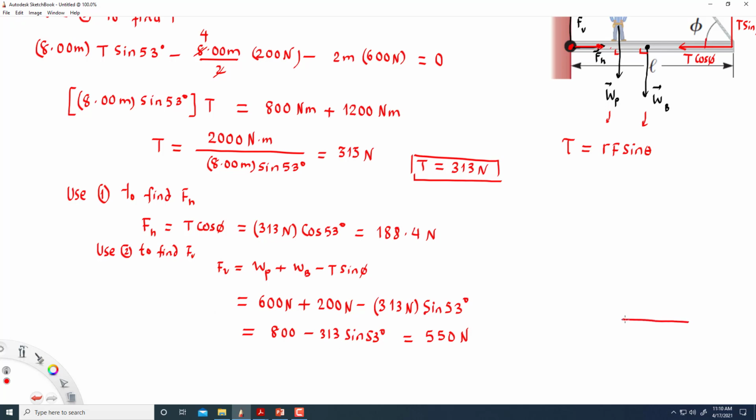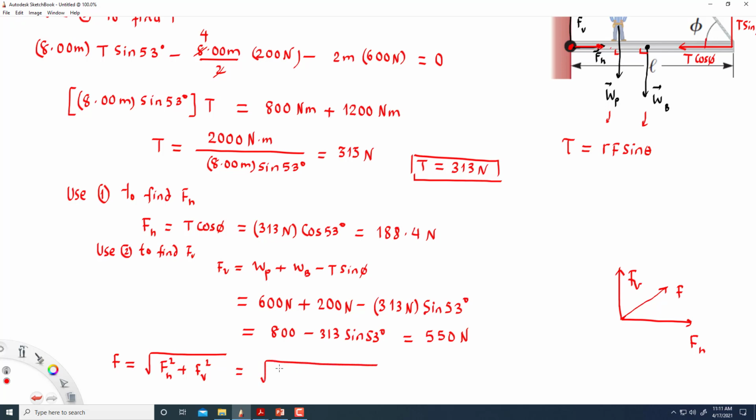So FV is pointing up, FH is pointing to the right, so the resultant of these two would be somewhere in between, and that is given by the Pythagoras equation, which is F is equal to x component squared, which is FH squared, plus y component squared, Fy or FV squared.